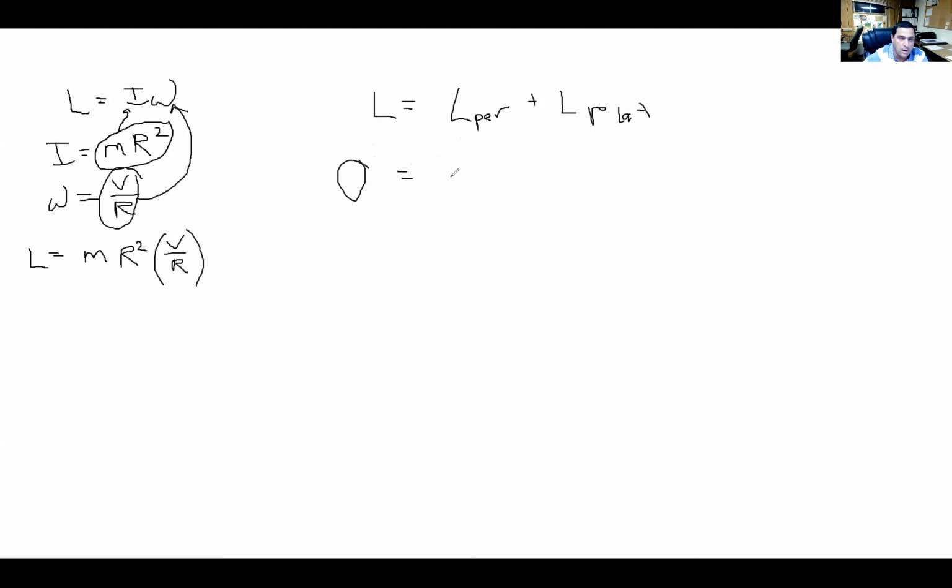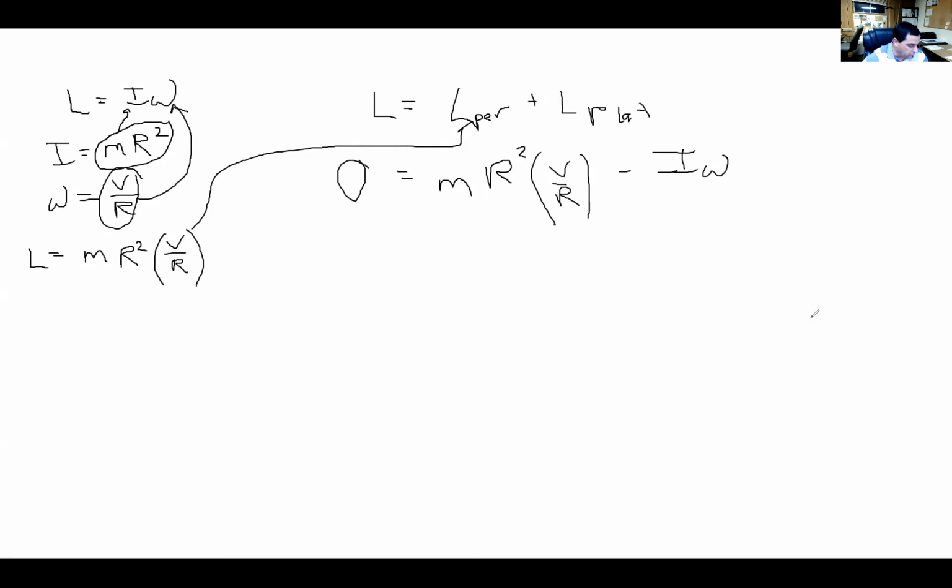So if you have m r squared v over r, this is where I got this from, so I'm just plugging it in there. Now the platform, I'm just going to do I omega for the platform.